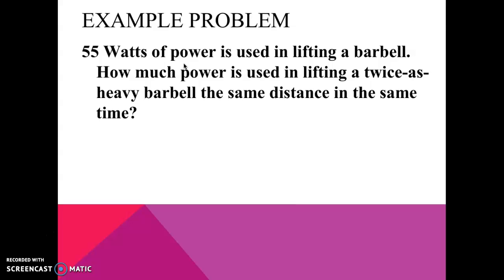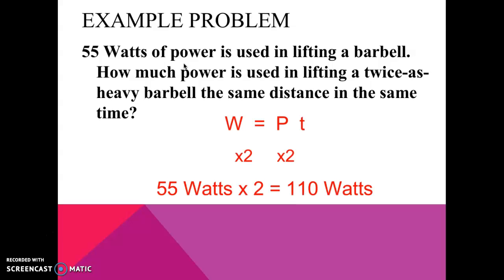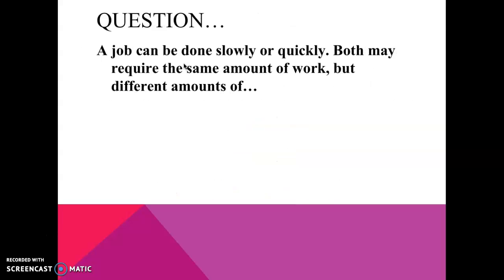So I'm thinking power and weight are going to have a direct relationship because, of course, you will have to do more work. So looking at our equation, in this situation, our work was twice as much work we had to do, so then our power was twice as much, so we did 55 watts times 2 gives us 110 watts.